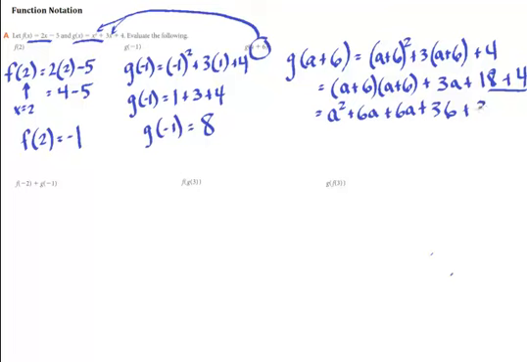Plus 3a plus 22. And finally, I'll get a squared plus 15a plus 58. All right, so there's the answer to g of a plus 6.